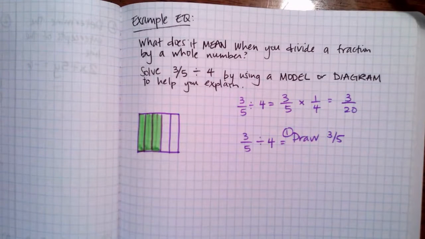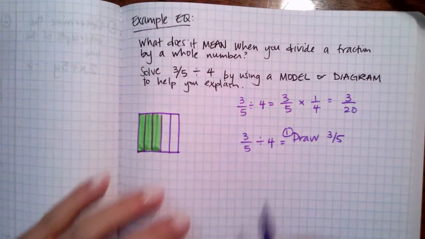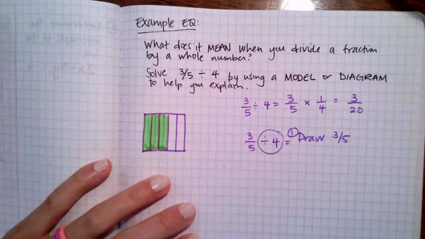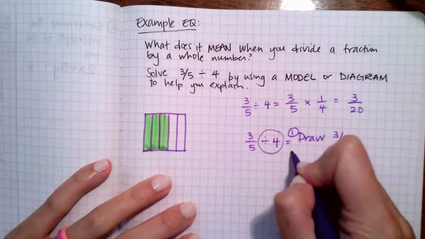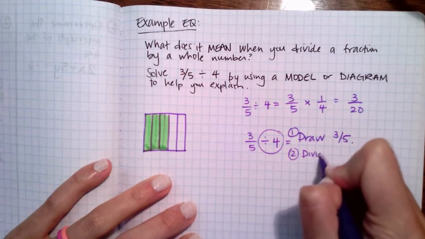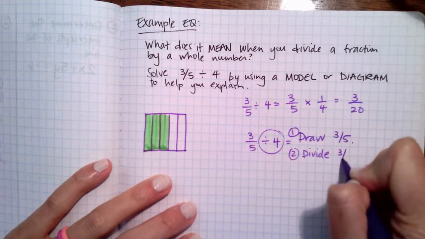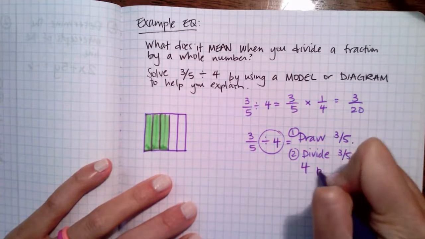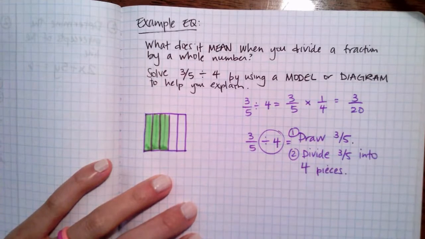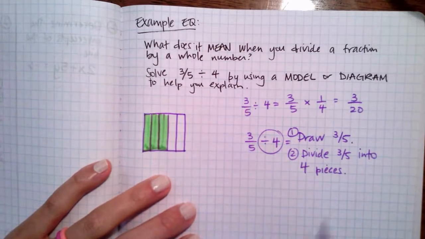And here's the tricky part where a lot of you missed. What does this divide by 4 mean? It means we're taking our 3/5 that we're starting off with, and we are dividing the 3/5 into 4 pieces. So that's the part that a lot of you missed.